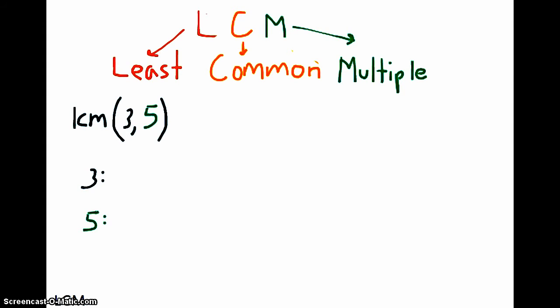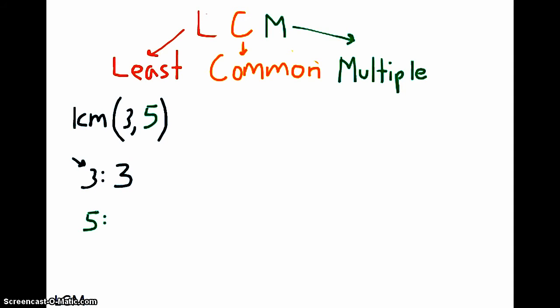The first thing we have to know is what a multiple is. A multiple is simply any number multiplied by the number we're looking for. So let's start from 1.